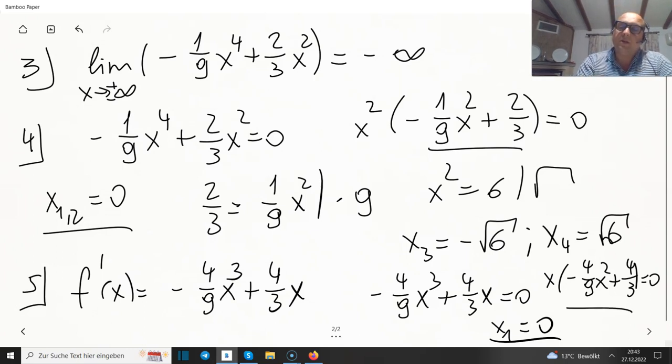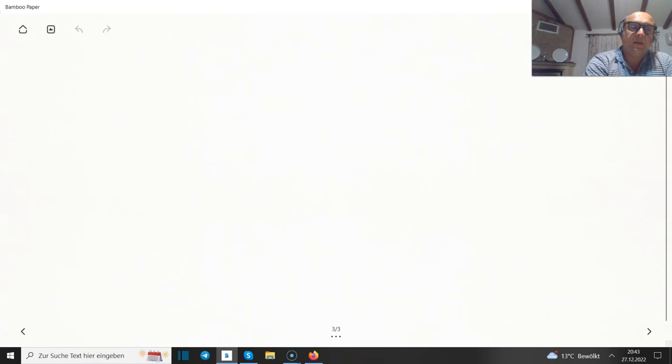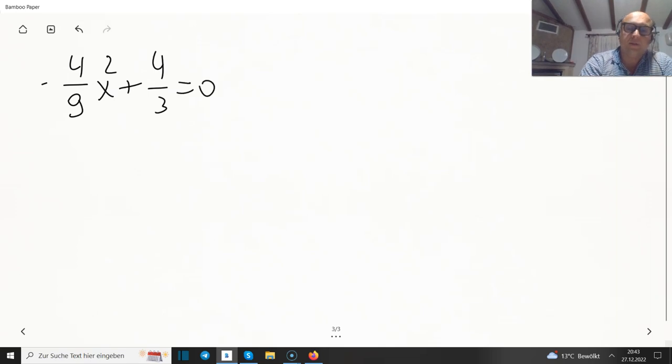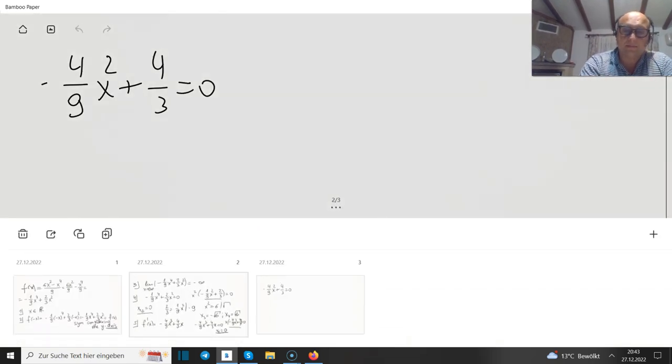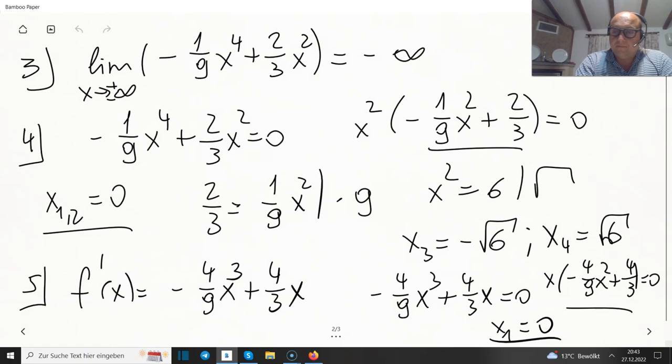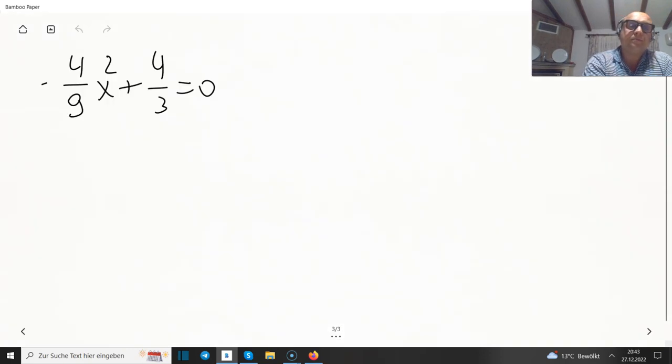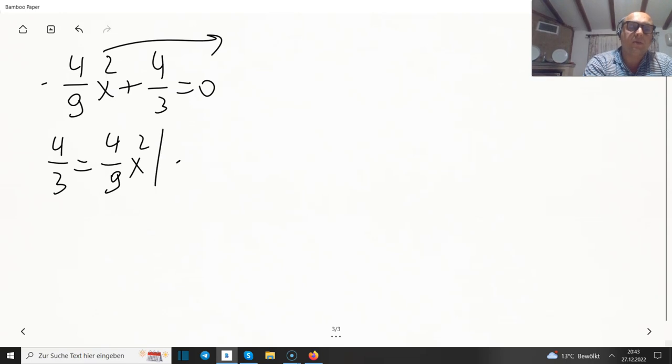And what's happening here? So we are having minus 4/9 x squared plus 4/3 equals 0. Am I right? Let's check it quickly. Yeah, that seems to be fine. So let's bring it to the right-hand side. We got 4/3 equals 4/9 x squared. We are multiplying times 9/4.